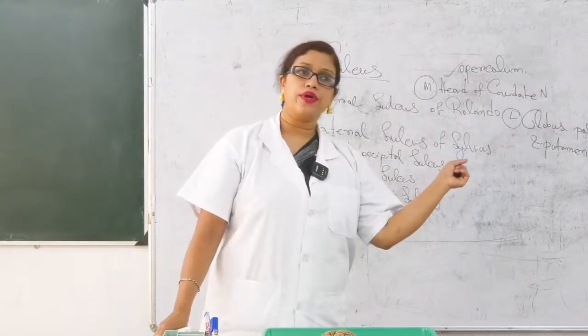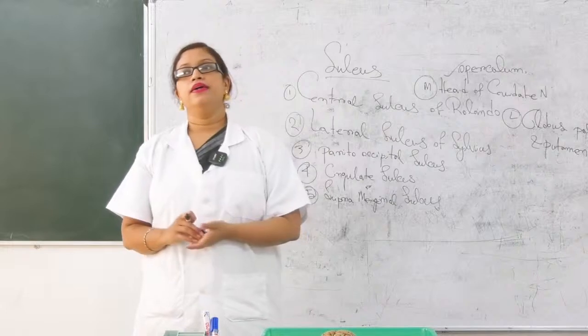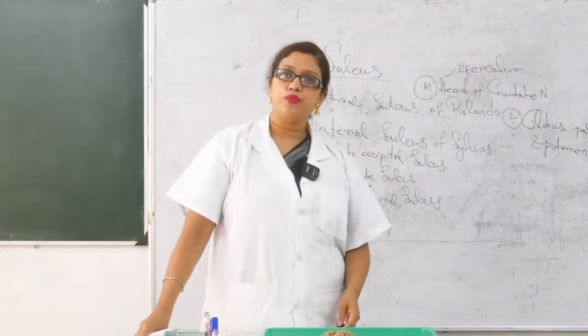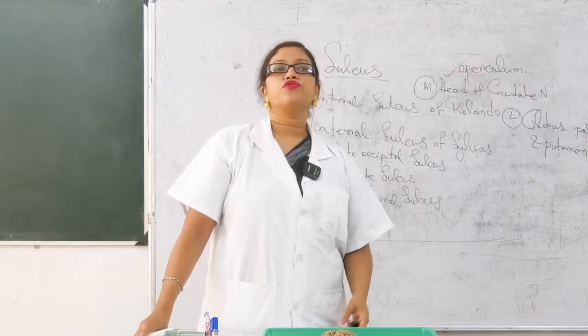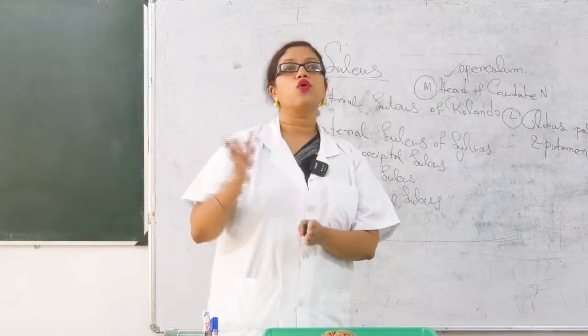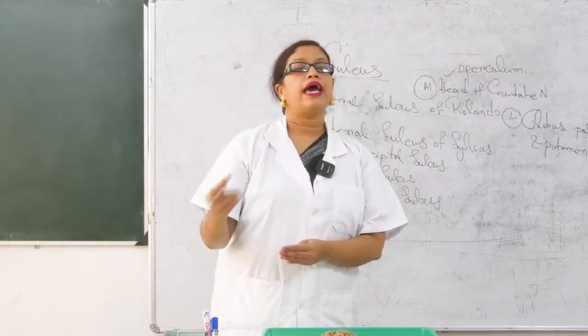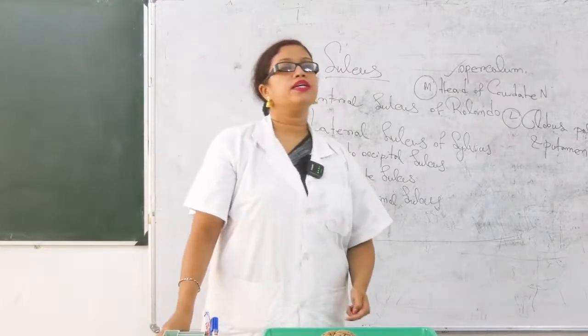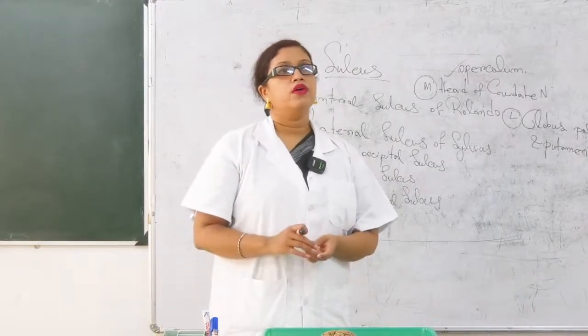Just opposite. The medial relation will be the globus pallidus and putamen. Understood? The posterior limb medial relation will be globus pallidus and putamen, and the lateral relation thalamus used to come.